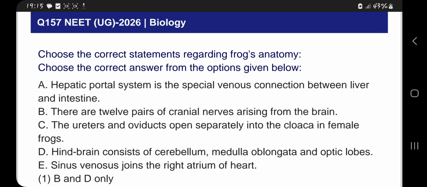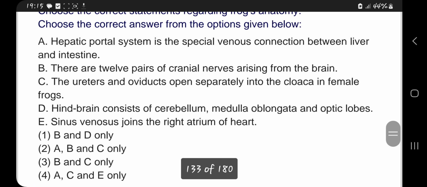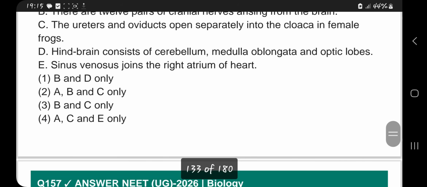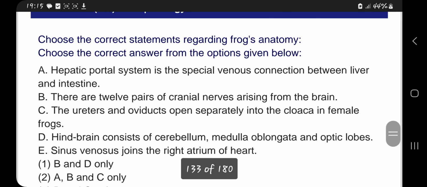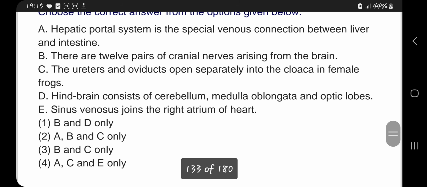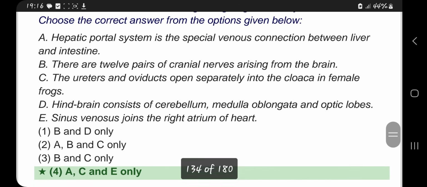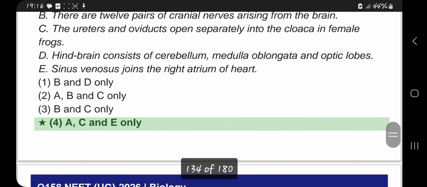Sinus venosus joins the right atrium of heart. So the correct statements for this are A, C and E. So let us see the fourth option. Yes, the fourth option is correct.